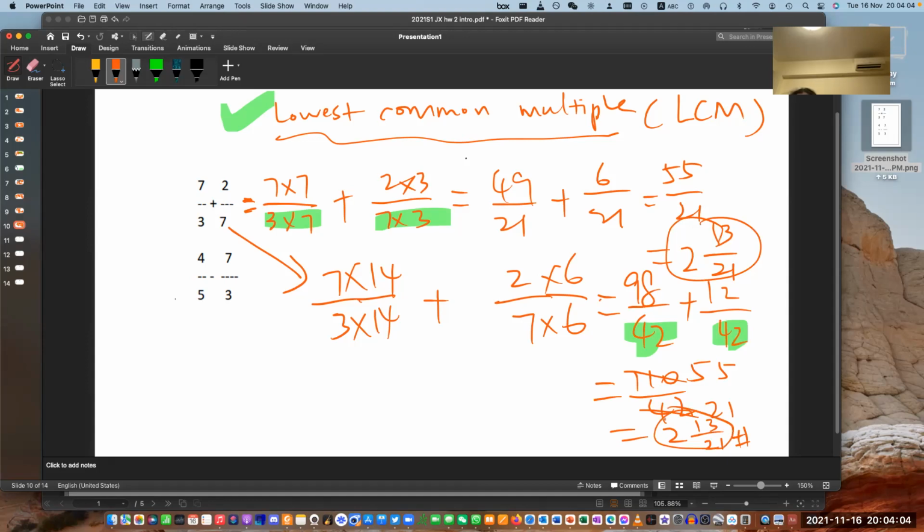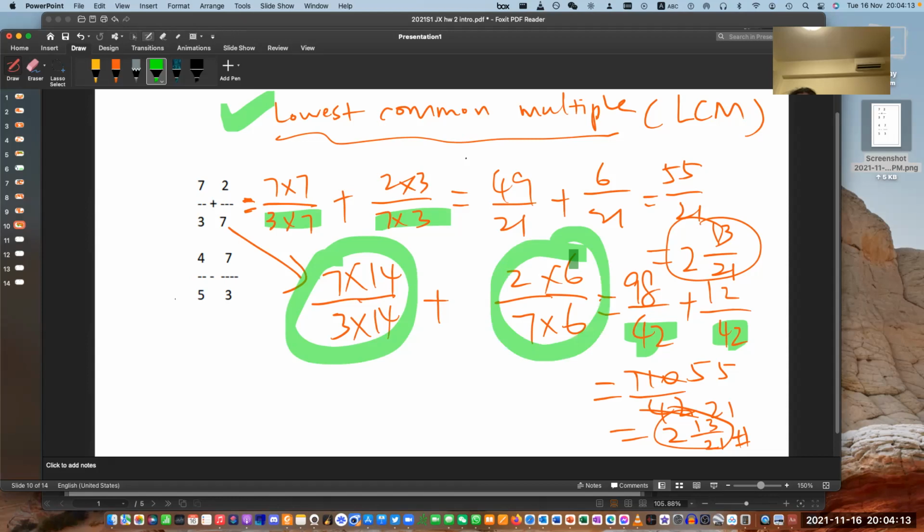But why didn't you use this? Why didn't you times 14? Over here, why didn't you times 6? Because you don't want to have a bigger common multiple. You want to have the lowest common multiple so that you play with simple fractions, or at least simpler fractions than this.